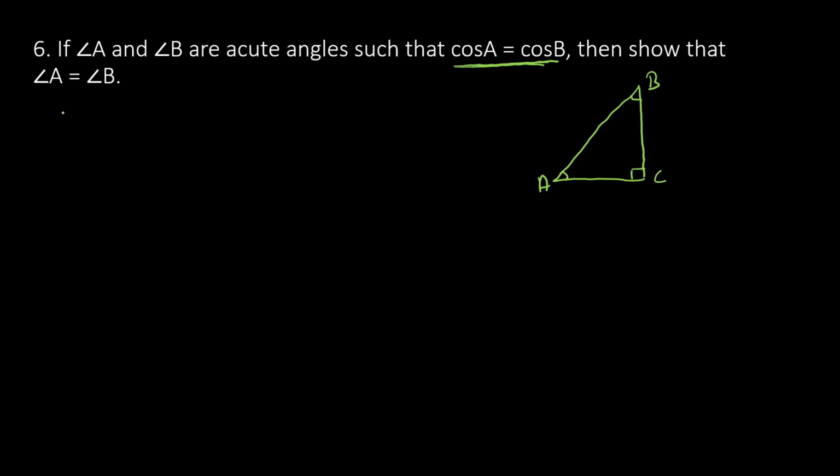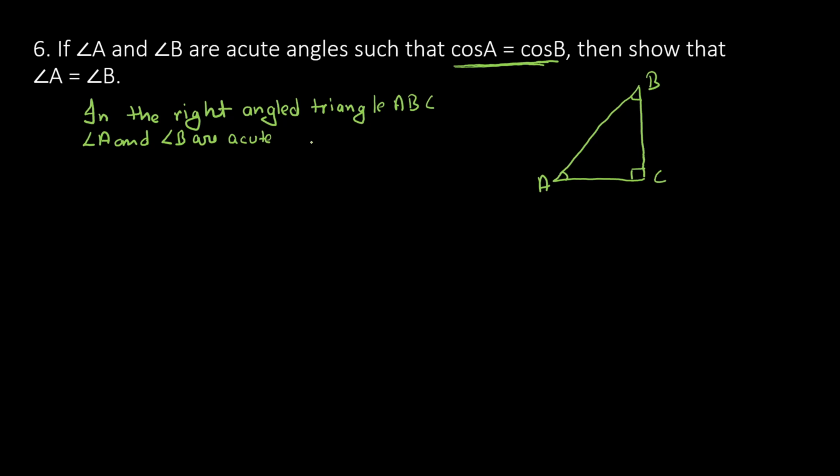We are taking this example of a right angle triangle ABC, in which angle A and angle B are acute such that angle C is right angle.